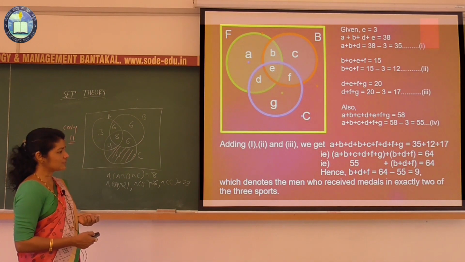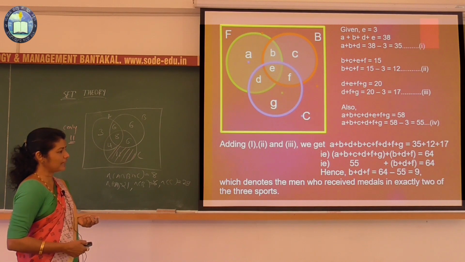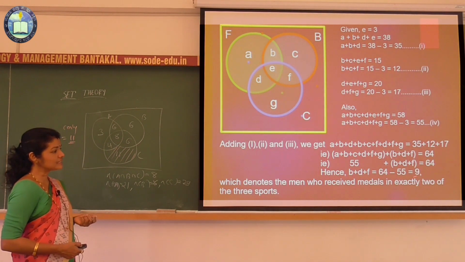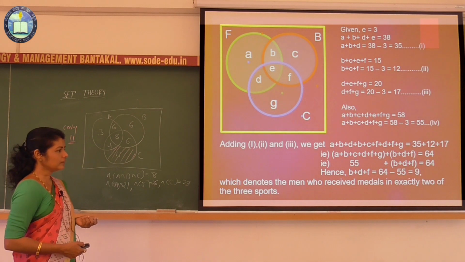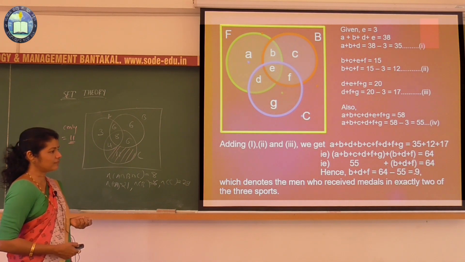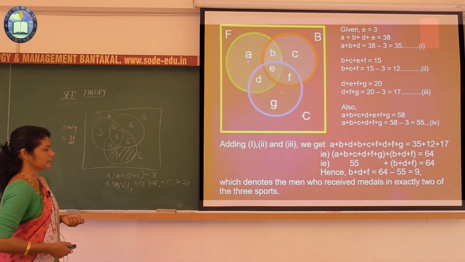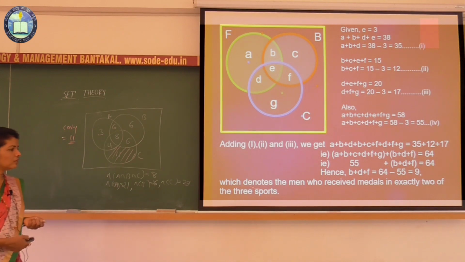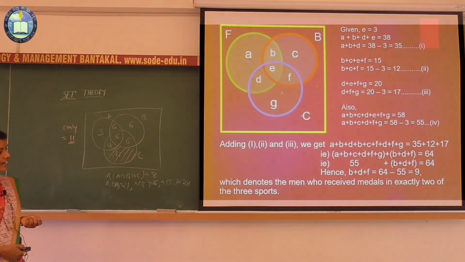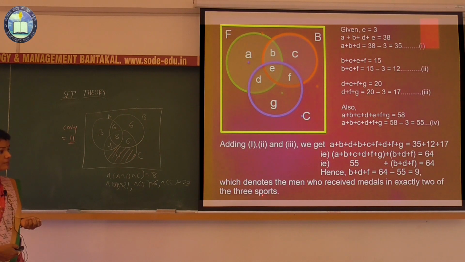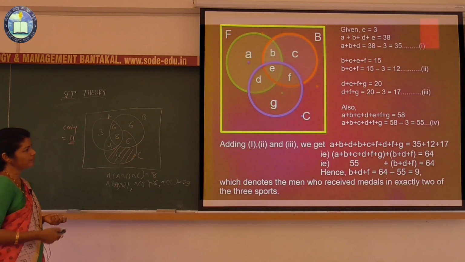So the answer is actually 64 minus 55, that is 9, which denotes the men who received medals in exactly 2 of the 3 sports.